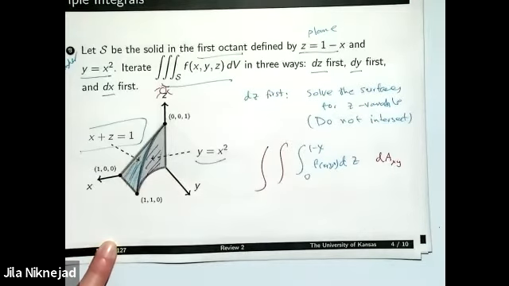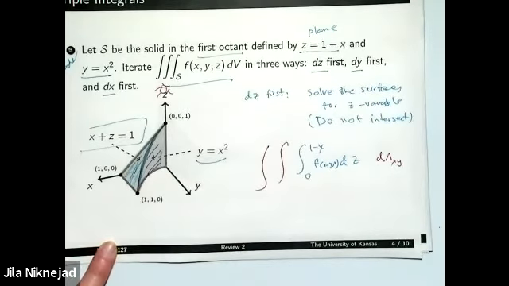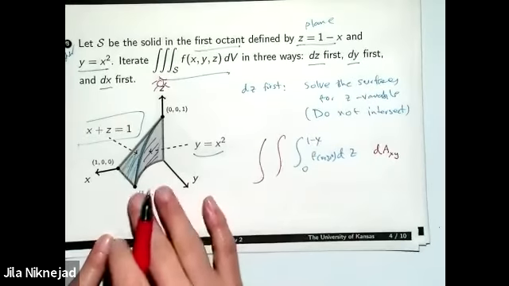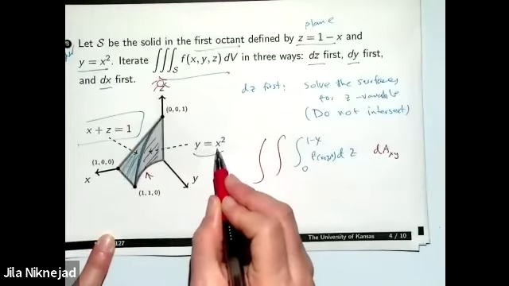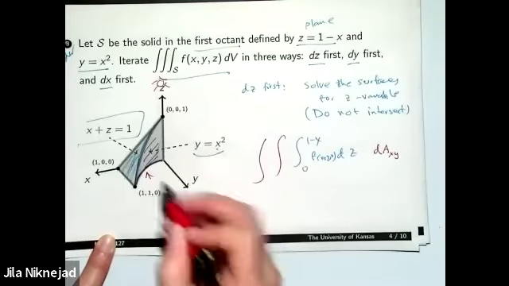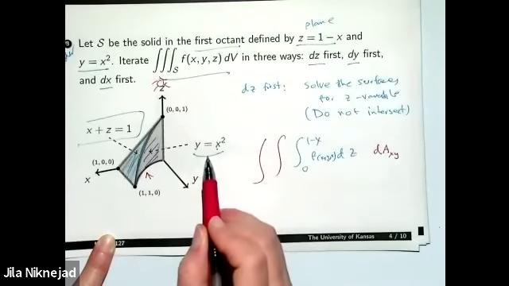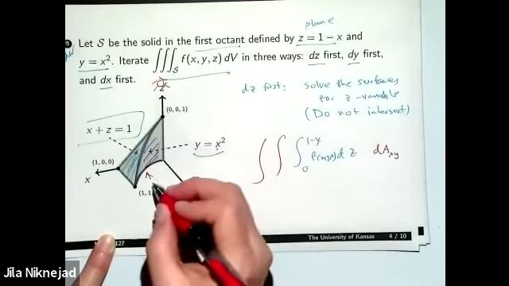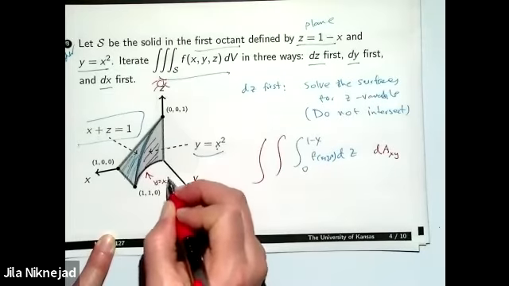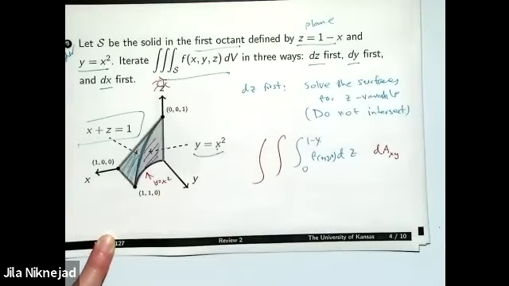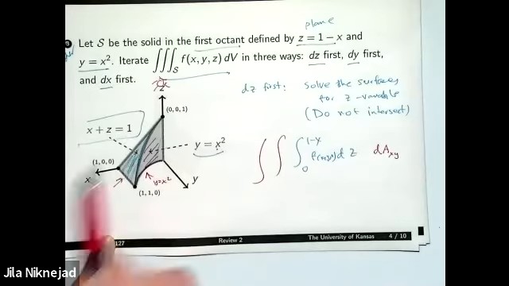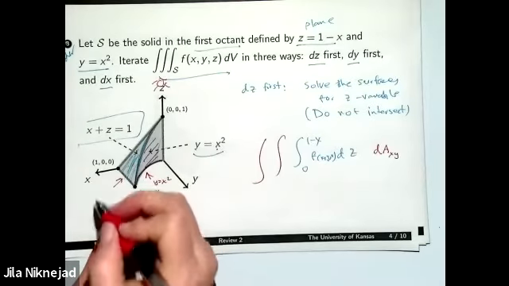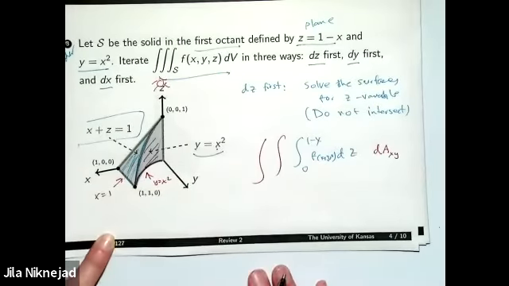So now it's time to intersect. So what do I intersect? For this one, I intersect y equal to x squared and z equal to 0, which gives me y equal to x squared. For that one, I intersect x plus z equal to 1 and z equal to 0, which gives me x equal to 1.